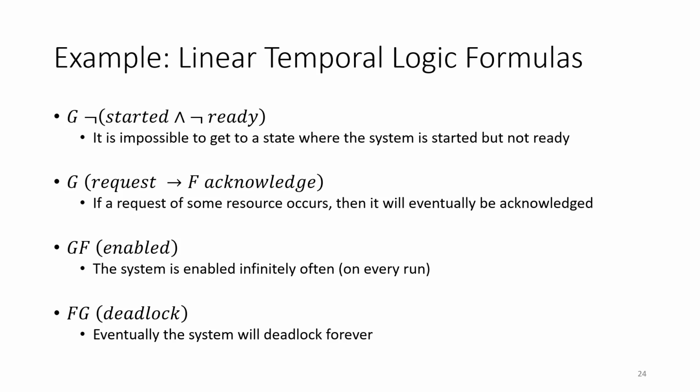So this is called the response pattern, that after some finite amount of time, the system will always give a response to a request. So globally, at every point in time, if a request comes, then it is eventually answered. Of course, what you put here as request and acknowledgement, these are just some variables or even subformulas. But this is also a very, very common thing.